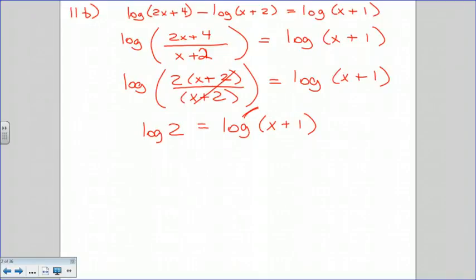So, what are our options now? Can't cancel. Since the bases are the same on both sides, can we just say 2 has to equal x plus 1? That's not canceling the logs, though. That's just using the understanding.